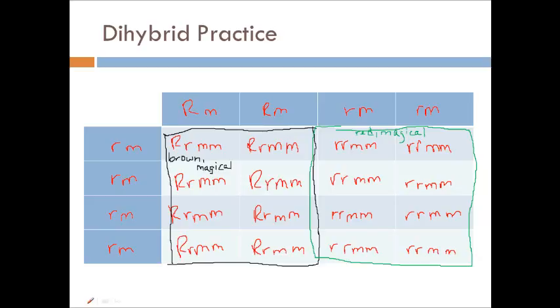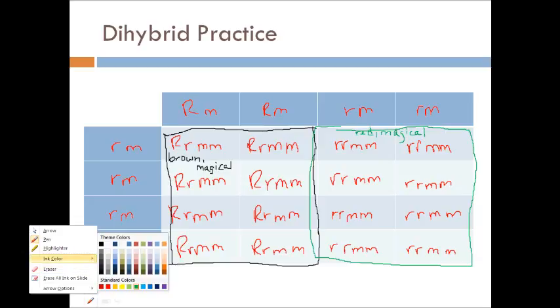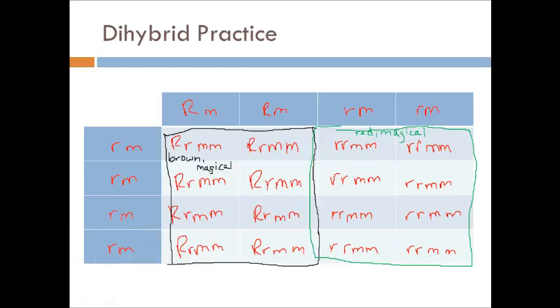So what comes out to be the answer? The answer to the question, because they want the genotypes, is you're going to have 8 out of 16 are going to be brown and magical, and 8 out of 16 are going to be not green.